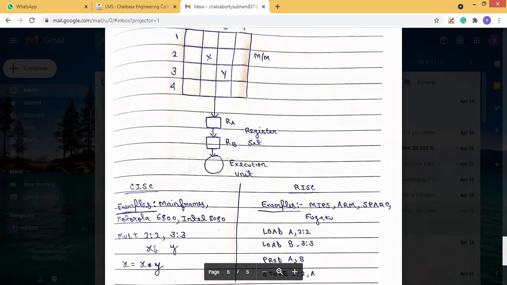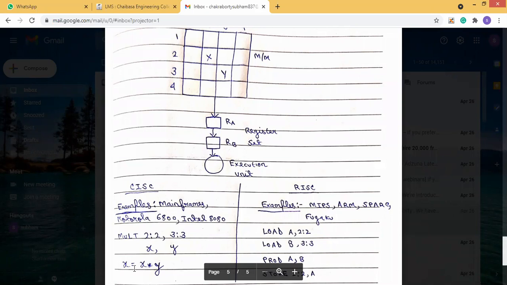After multiplication, the value will be stored in X. So in complex instruction set, we execute with a smaller number of instructions, but to execute this we require more complex hardware. In CISC, our hardware is more complex. The instruction format is easy, but behind it, more complex hardware is required.